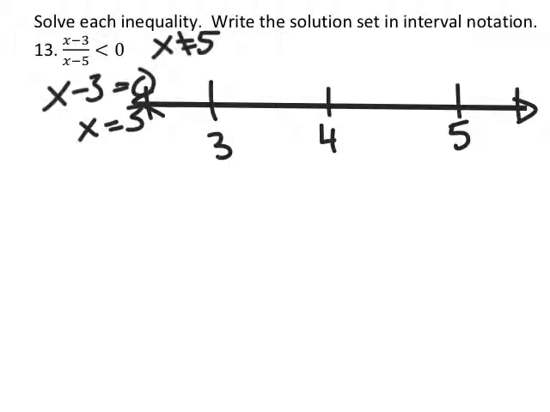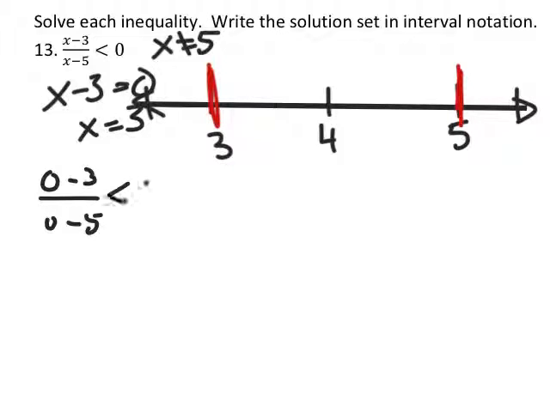And we'll just see if these values make the statement true. And again, our target values are 3 and 5. We just want to test a value that first is to the left of 3, and an easy value for that is 0. So looking at the original equation, we'd have 0 minus 3 all over 0 minus 5.